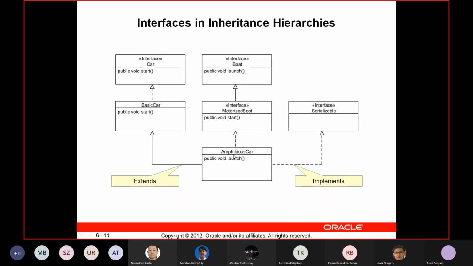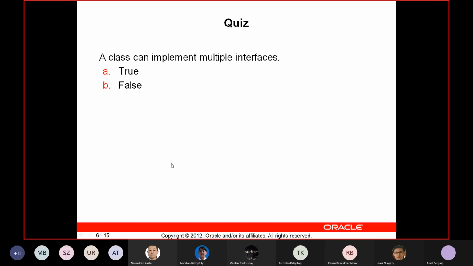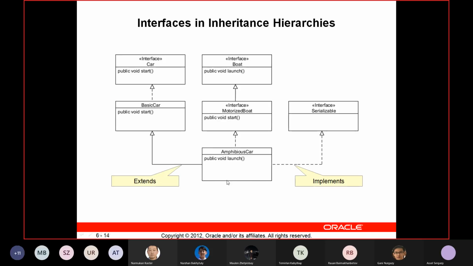So it means this is a class, this is an interface. Actually they use this interface. Then this class starts from the interface, but this car is the class. So it is a combination of interface and class. You just think about that.